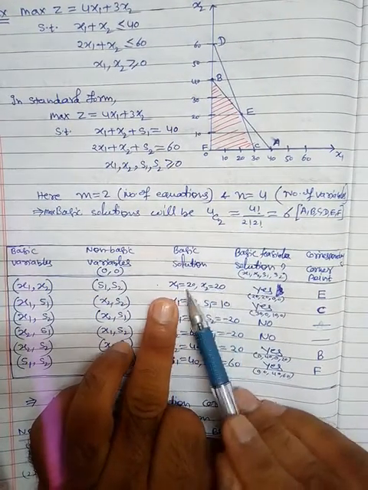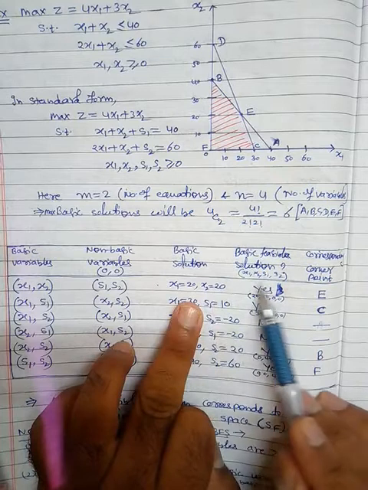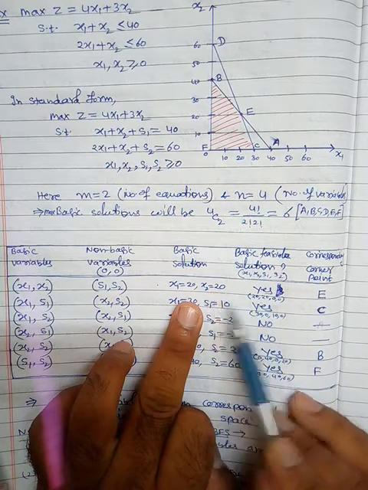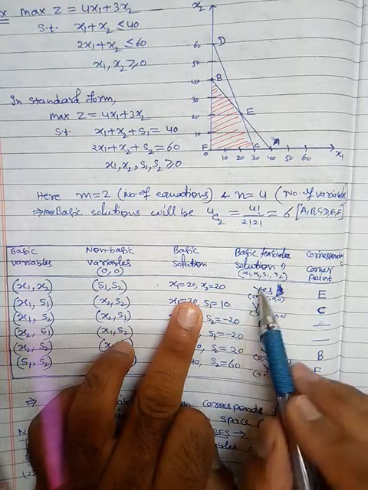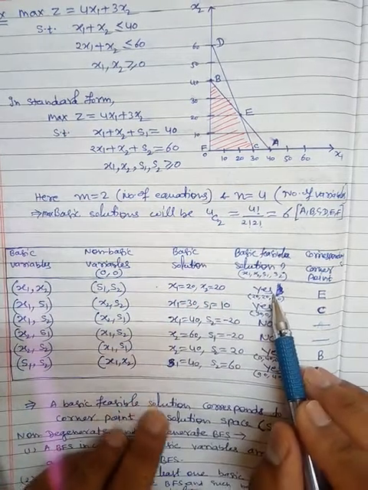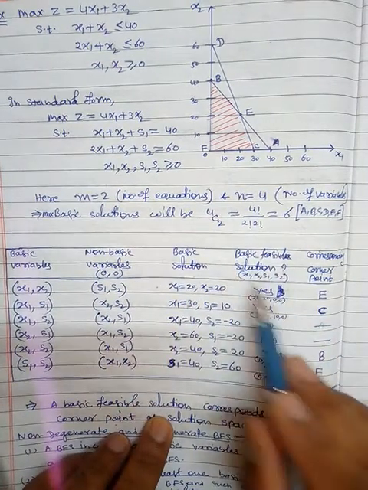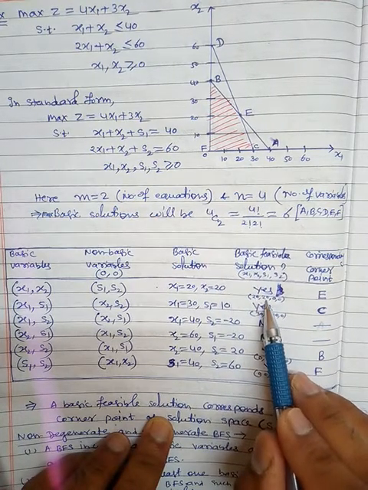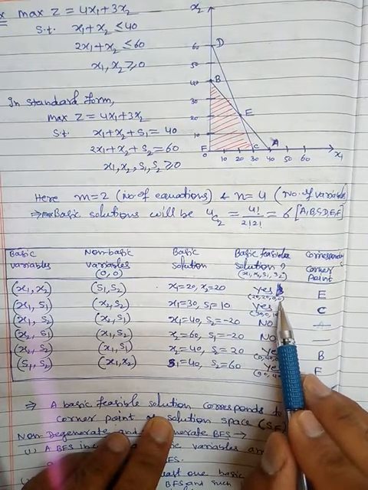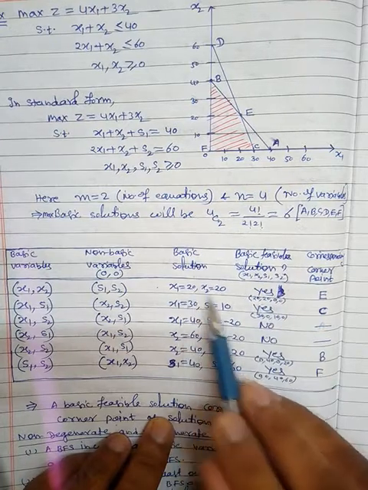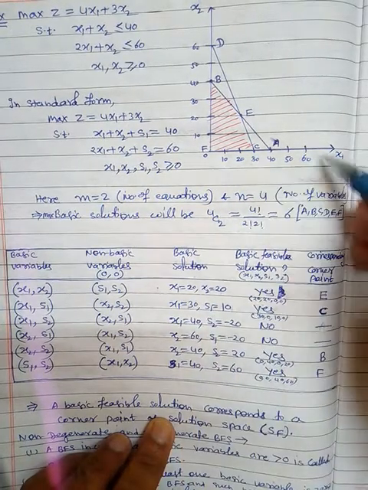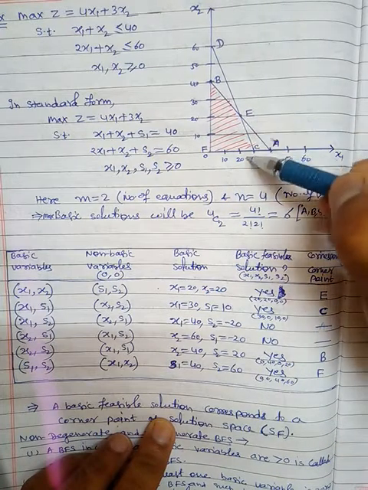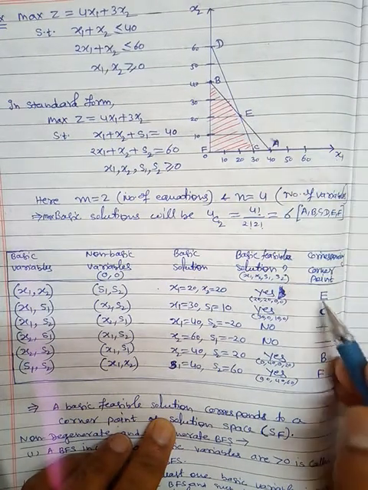Both are positive. That's why this is basic feasible. If even one of these were negative, this would not be basic feasible. But here both are positive, so yes. What is the basic feasible solution in this order, x1 x2 s1 s2? x1 is 20, x2 is 20, s1 is 0, s2 is 0. The corner point is 20, 20. The corner point is this, because this is x1, this is x2. So the corner point is E.